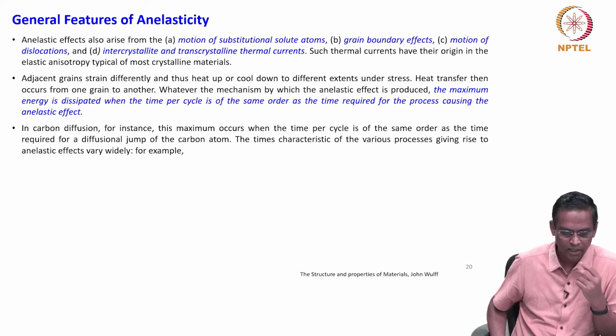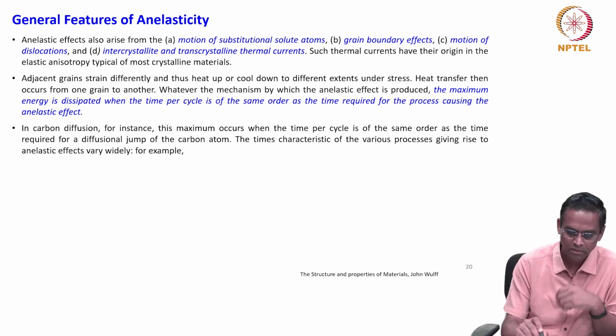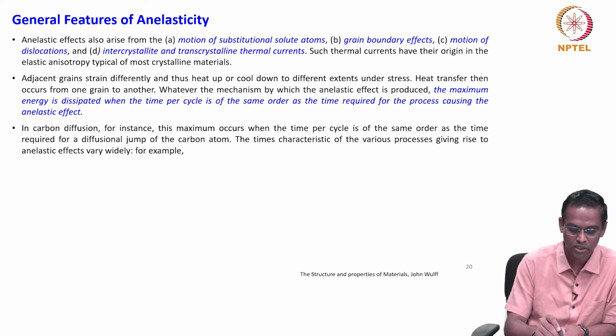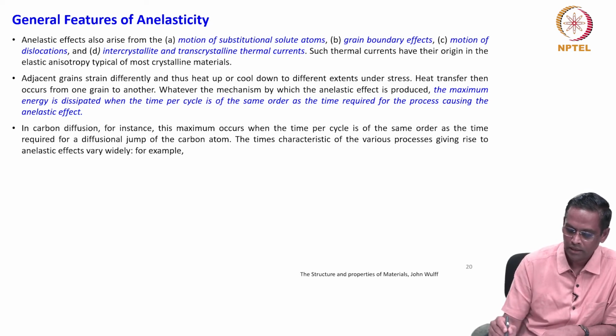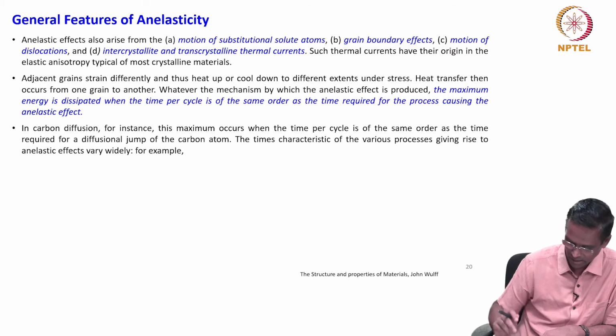In carbon diffusion, for instance, the maximum of the anelastic effect occurs when the time per cycle is of the same order as the time required for the diffusional jump of the carbon atom. The times characteristic of the various processes giving rise to anelastic effects vary widely.